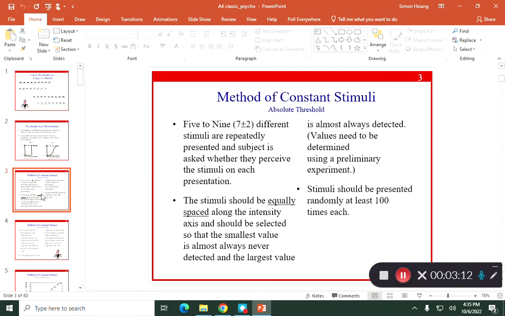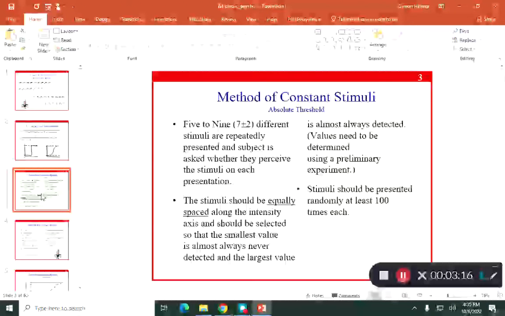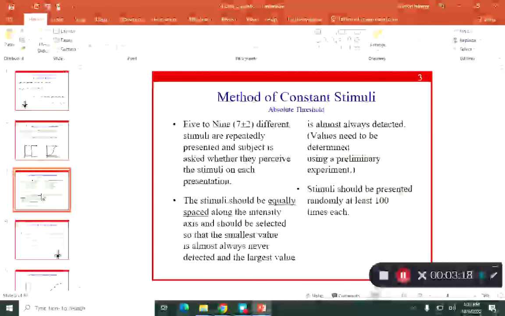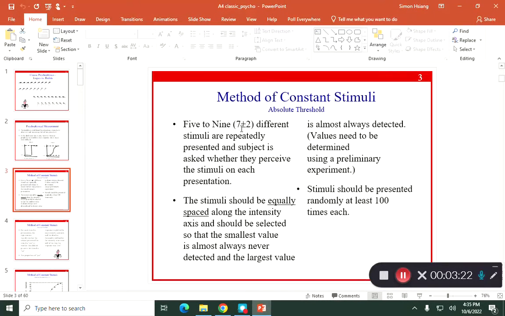And usually there are a couple of different ways to do it. One is called the method of constant stimuli. We usually have 5 to 9, 7 plus or minus 2, different stimuli that are repeatedly presented, and the human subject is asked whether they perceive the stimulus, if they see the Little Mermaid or not.